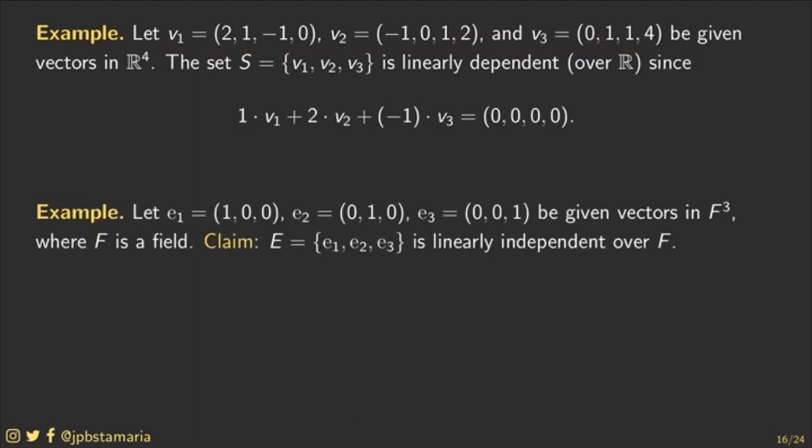In fact, that's possible. Look at this equation: 1 times v1 plus 2 times v2 plus negative 1 times v3. You can check that that makes the sum equal to 0, although these scalars are not all 0. When you say that not all are 0, it is not the same as all are not 0.